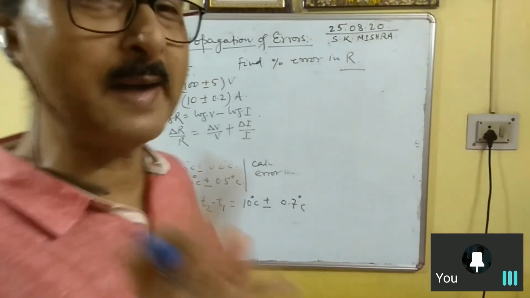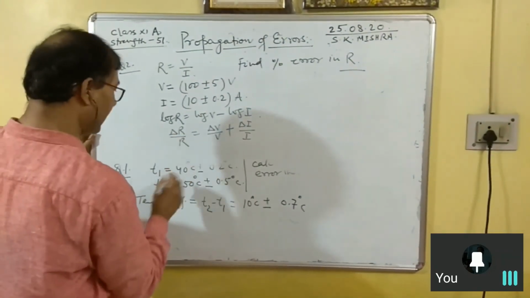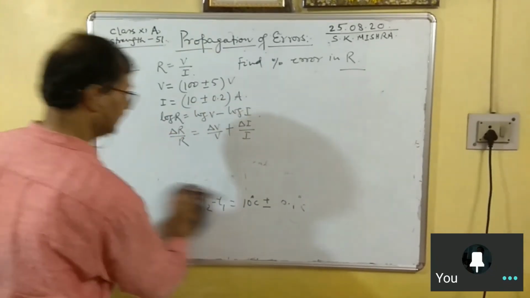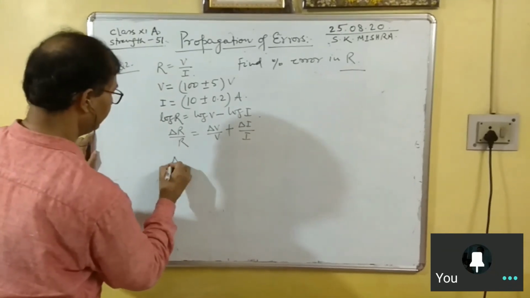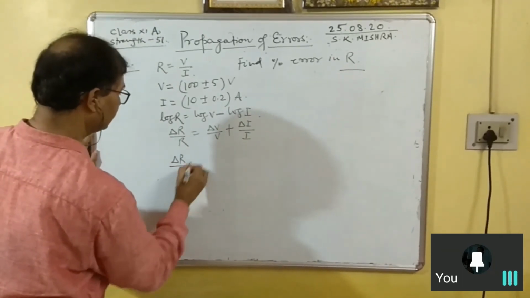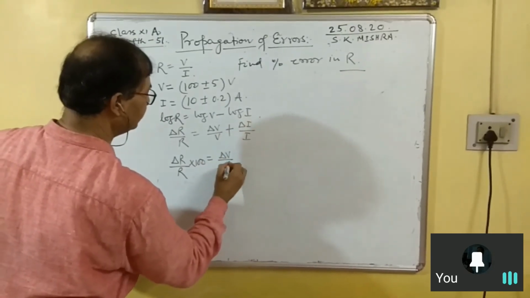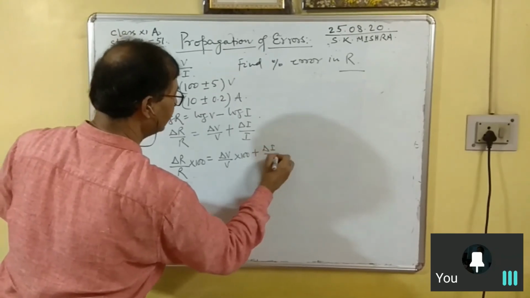Keep it in mind. This will be used again and again. So delta R by R into 100 is equal to delta V by V into 100 plus delta I by I into 100.